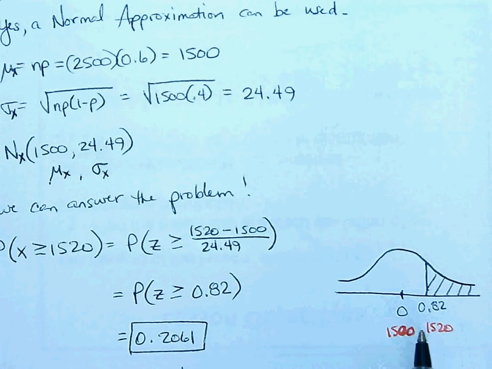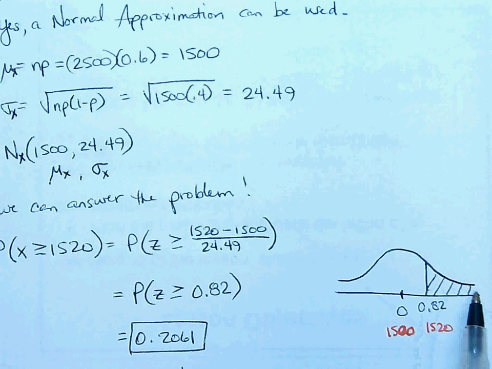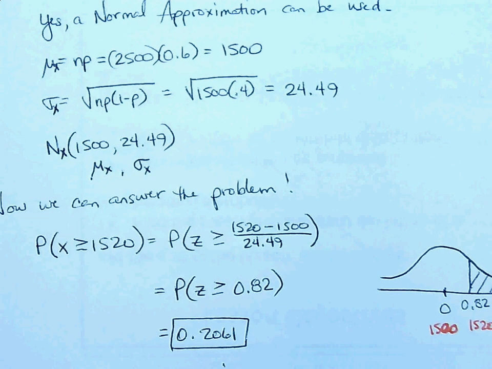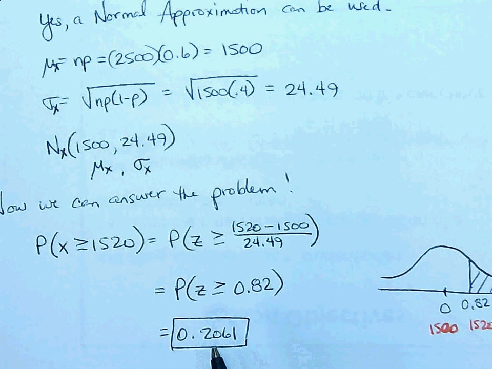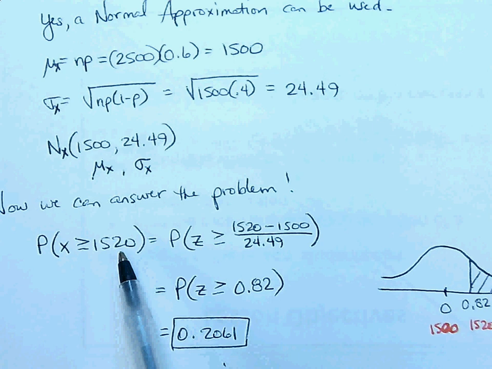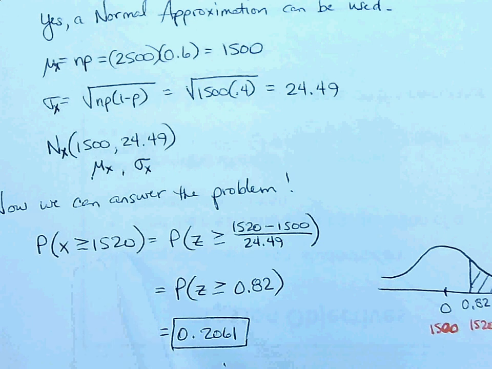If I left it on my x-curve, then 1,500 is my mean, and 1,520 is what I'm looking for, greater than. I can put this in my calculator, or I can use my table, either one, and I come up with the value 0.2061. That means that there is a probability of 0.2061 that 1,520 people or more will agree with the statement, shopping is often frustrating and time-consuming.